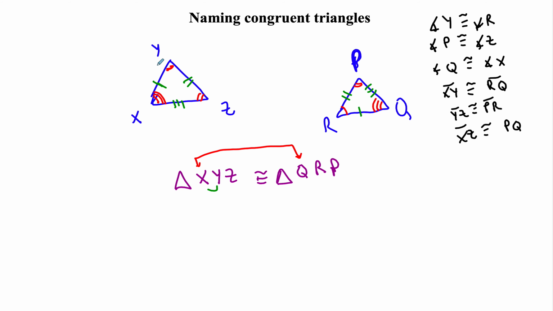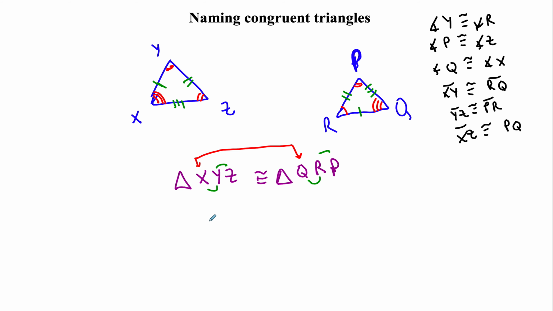Sides XY, right, and side QR. Hey, look, XY is congruent to RQ. That is, these first two letters form a side, which means that the next two letters, YZ, also form a side, and then the next two letters, ZX and RP, form a side too, and those are the corresponding sides. So that's the other way you can tell.